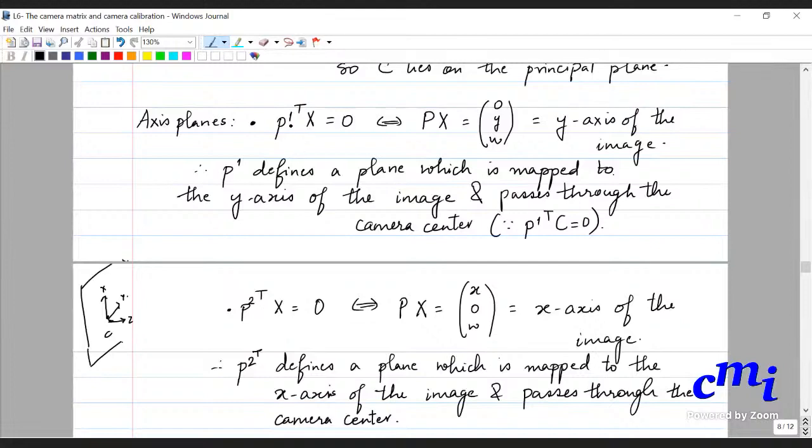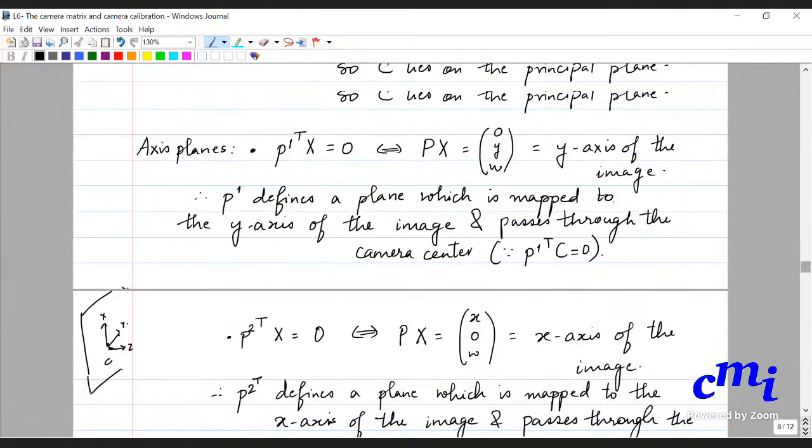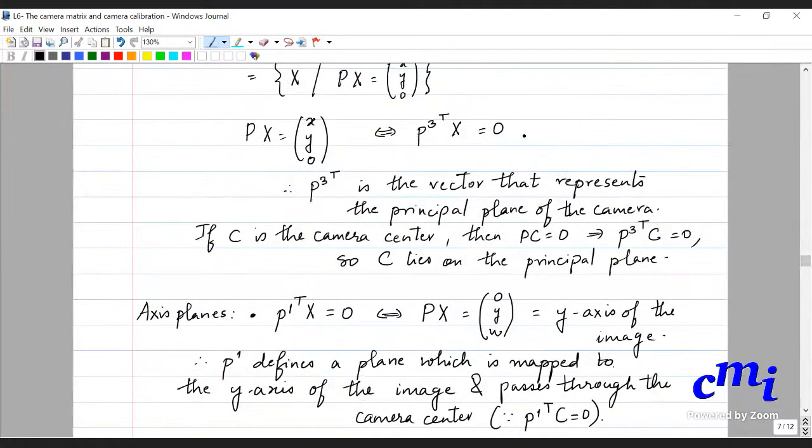Just like we had this equation here, similarly, P1 transpose x is 0 if and only if the first component of the resulting vector is 0. Saying these two things is the same. But then what is this? This is going to be the y-axis in the image.